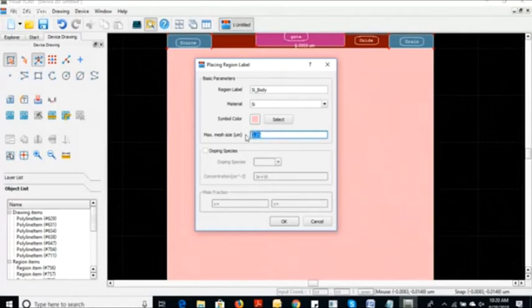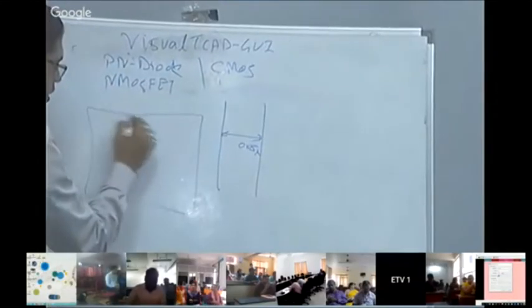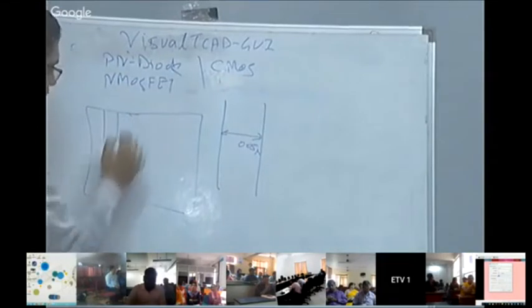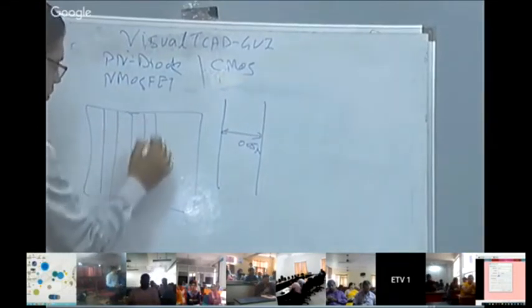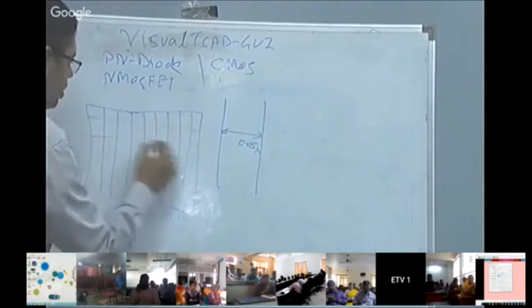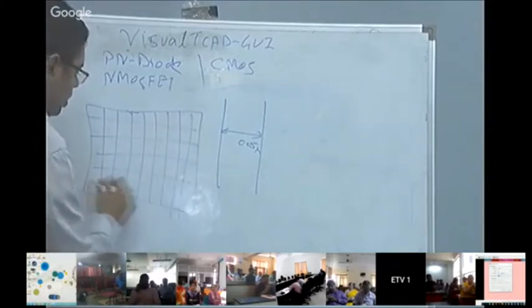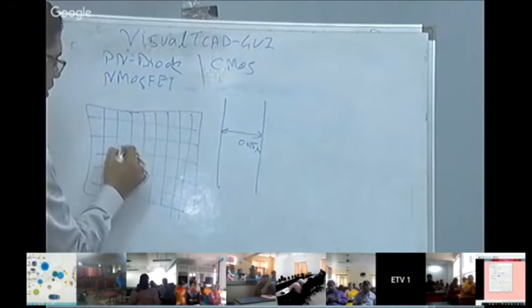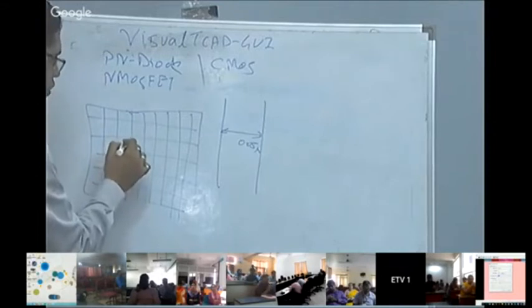So we are just giving them a boundary condition that it will not increase the mesh size more than 50 nanometer. Means it will create two parallel lines. This device has a mesh like this, and the distance between this is 0.05.